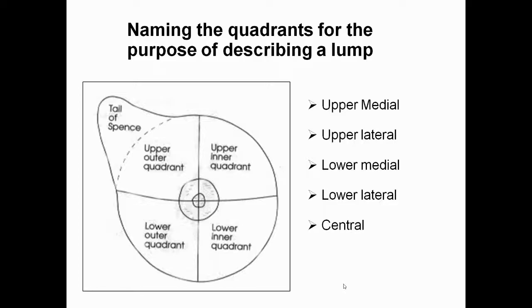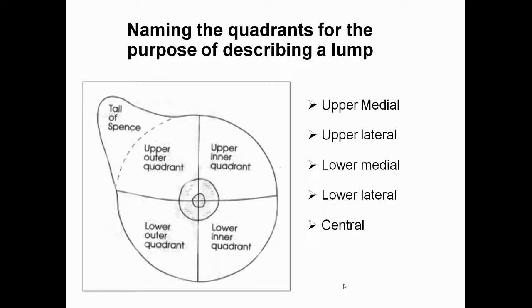Now we divide this breast region by a vertical line, the mid-sagittal line, into an outer and an inner part. Then we divide the upper and lower quadrants again into two, so there is the upper outer quadrant and upper inner quadrant, and on the lower side the lower outer quadrant and lower inner quadrant.